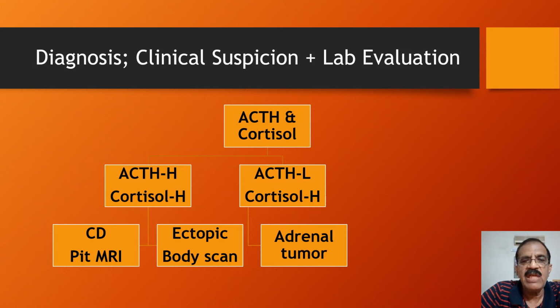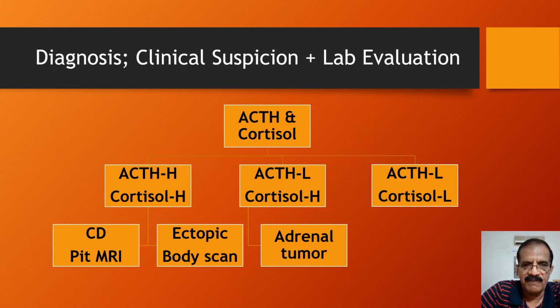So ACTH is low. This combination of low ACTH and high cortisol should raise the suspicion of adrenal tumor. If that is the case, then we should image the adrenal gland with ultrasound, CT, MRI, or other tests.